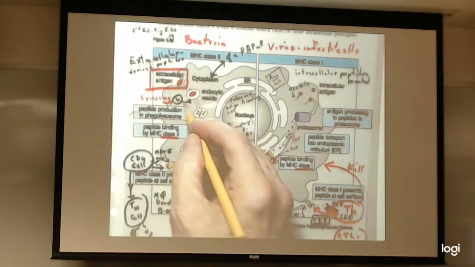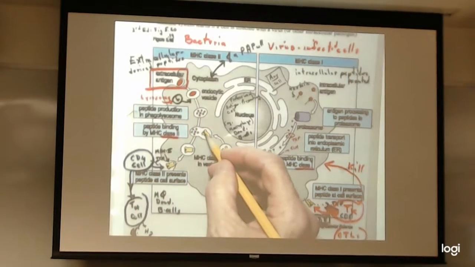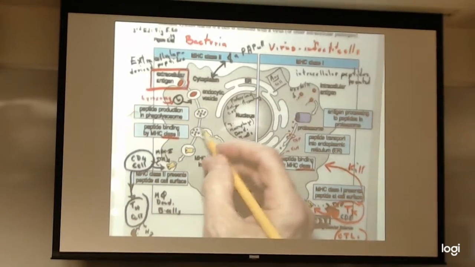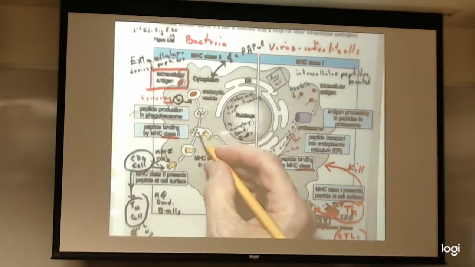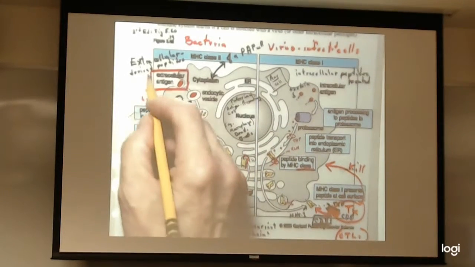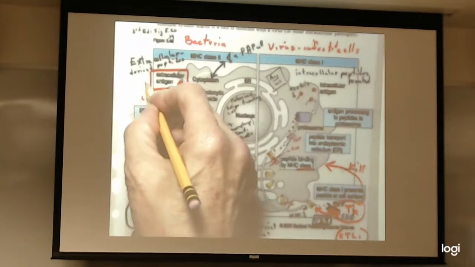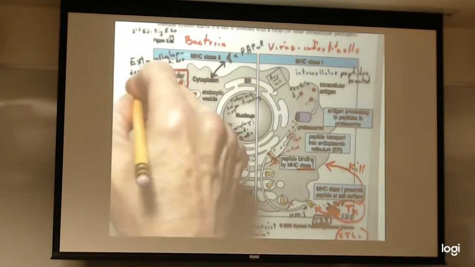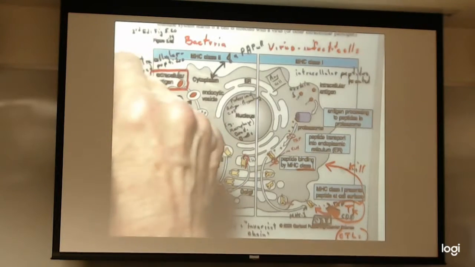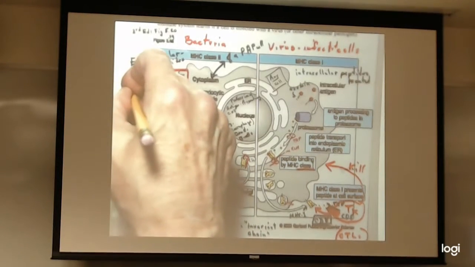When these two vesicles fuse, here's the class 2 molecule now in the lumen of this phagosome, and all these peptides derive from extracellular antigen. Class 2 molecules bind extracellular antigen.